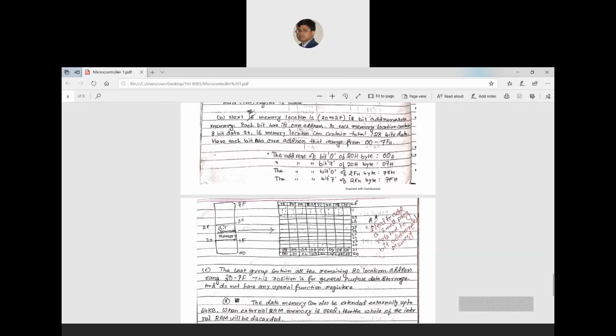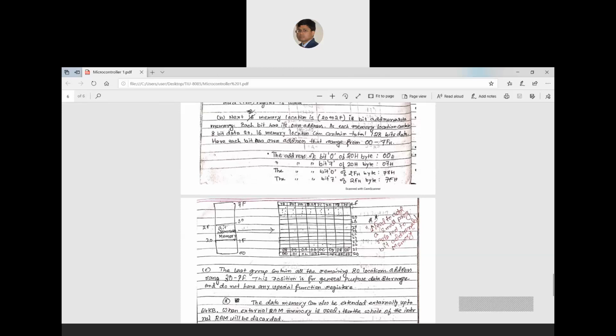Similarly, if I go to the last line, 2Fh, that segment address, the starting bit 0 will have address 78, and the final address is 7F. Why are 78 to 7F coming here? Because we are using 16 memory locations, and each memory location can hold 8-bit data.